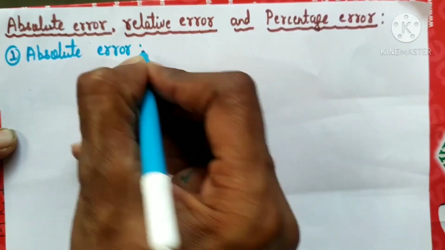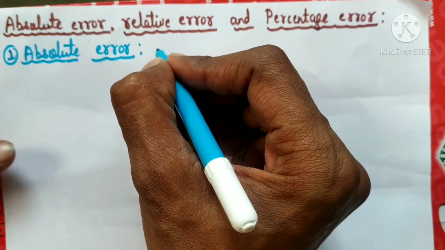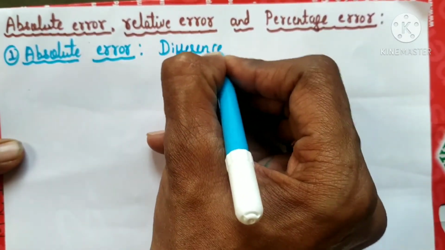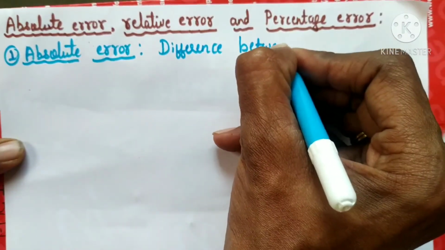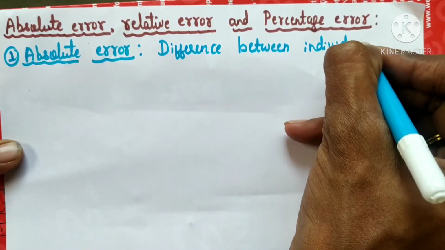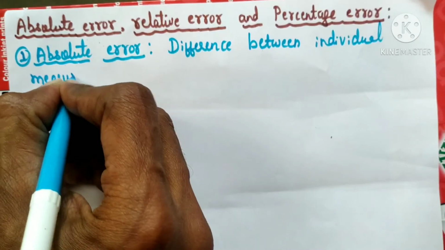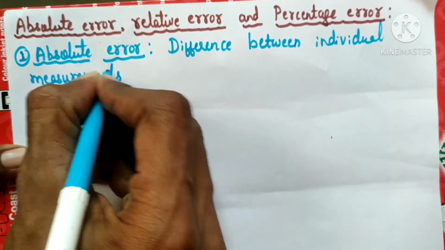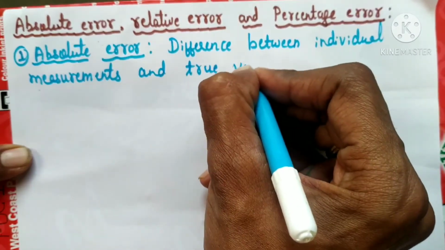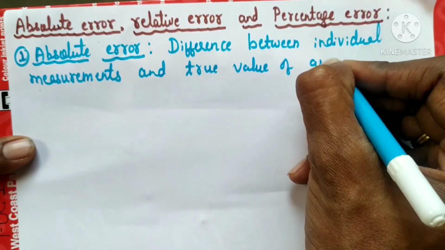Absolute error. Now first let me write the definition of absolute error. Absolute error means it is the difference between individual measurements and true value, or you can call that one as standard value of physical quantity.